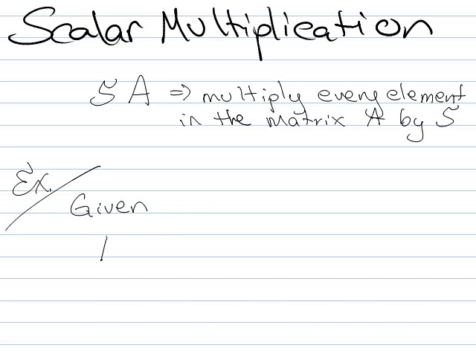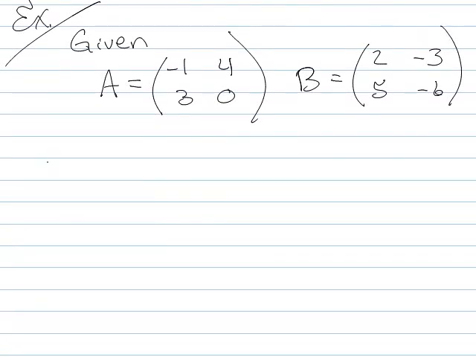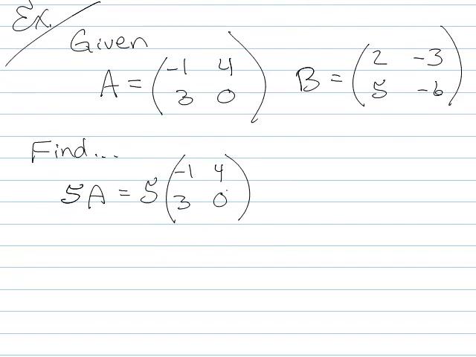A being equal to this and B being equal to this, let's say. Let's find 5A. Okay, so we're going to say 5 times that, 5A.